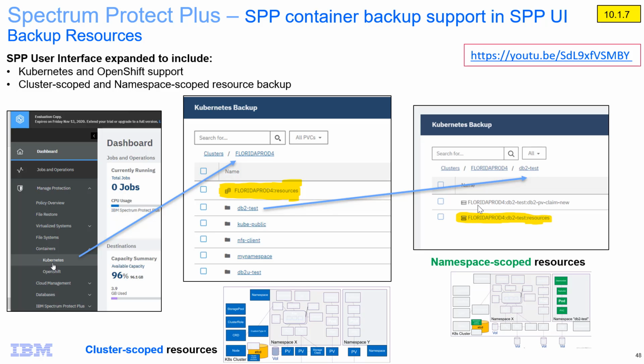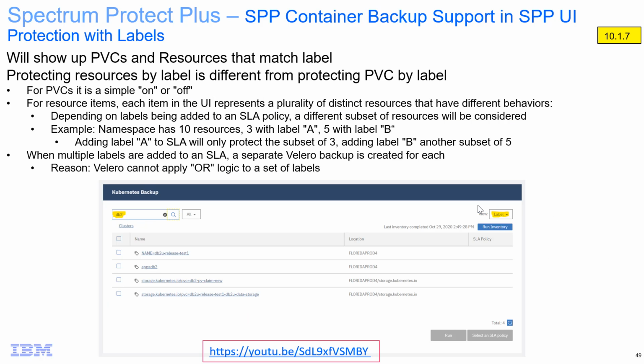And then the copy will copy both the PVC snapshot and the Velero MinIO information over to the Spectrum Protect Plus vSnap.